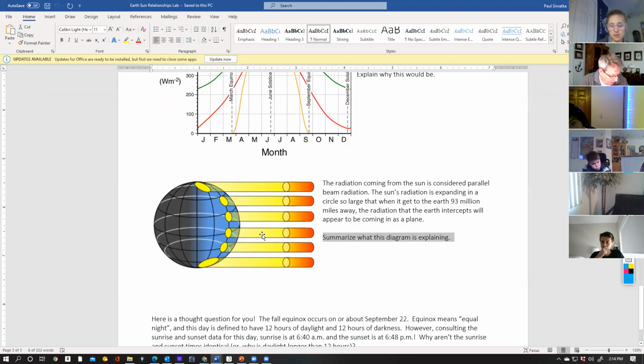And in order to summarize, what do you need to use? Words. In order to use words, you have to actually express your thoughts completely, not just a few words in a paragraph. That's what I'm looking for, to summarize. Now, do you understand what the answer is supposed to be? You just have to figure out how to express that.